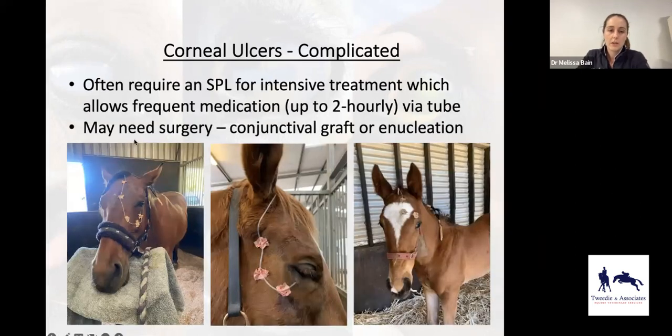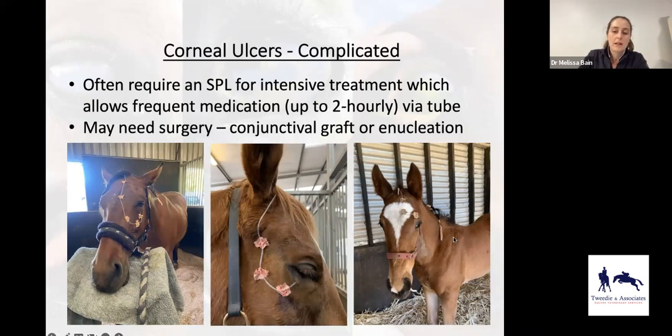So with the complicated ulcers, these are a little bit different in that they often require a subpalpebral lavage system, which is an SPL. This is a piece of tubing which we insert either in the lower or the top eyelid, and there's a little foot plate there, and we stitch it in to the head, and then we run it through some plaits in the mane, and then there's a little bung with a port at the end by the withers.